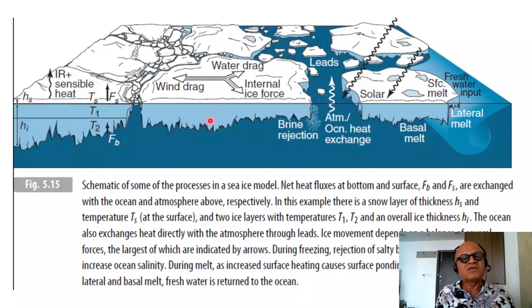But when the sea ice is forming, that brine rejection increases the density of the water below, so the water tends to sink and then new water has to come in. So some kind of a circulation gets set up, which means new heat is being brought. So typically if you look at the ocean sea ice distribution, it tends to be largely what is called pancake ice.